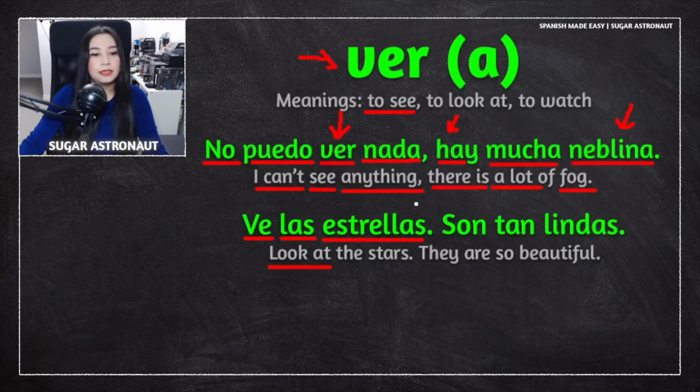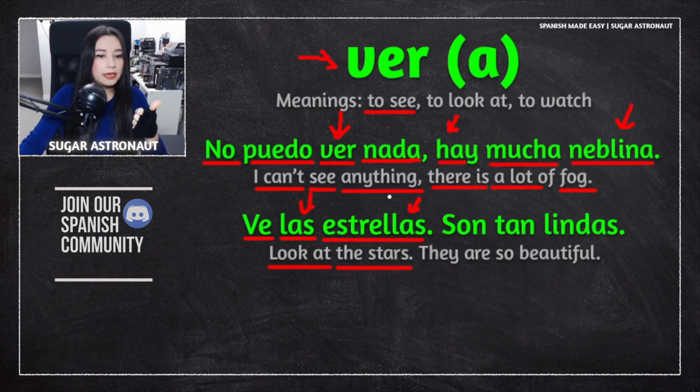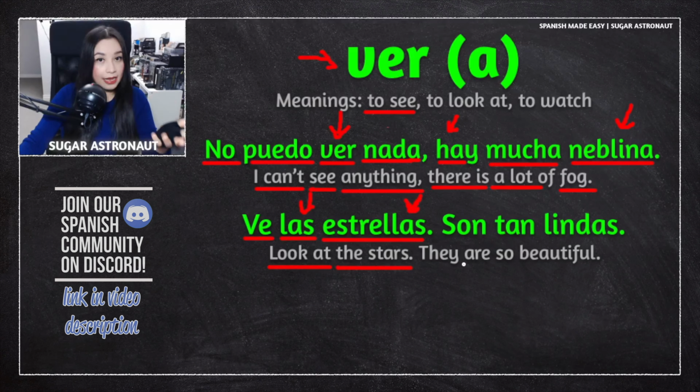And why? Because we have estrellas. Estrellas is a noun, feminine noun, and it's also plural. Las estrellas, the stars. That's why it works perfect, because this has to be feminine and plural, because we have a feminine and a plural noun. Okay.